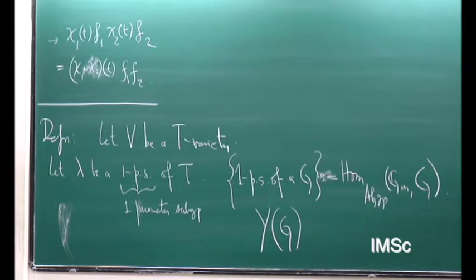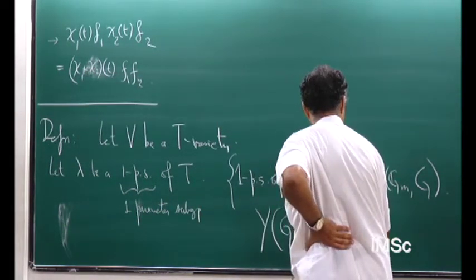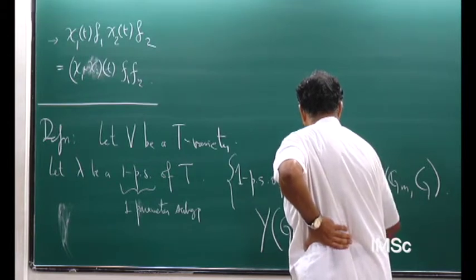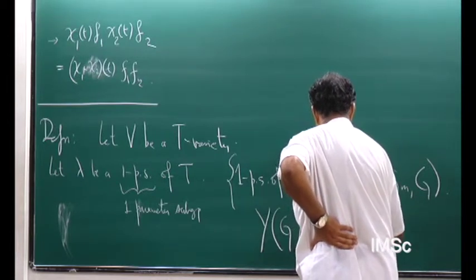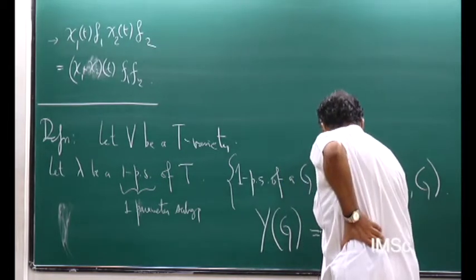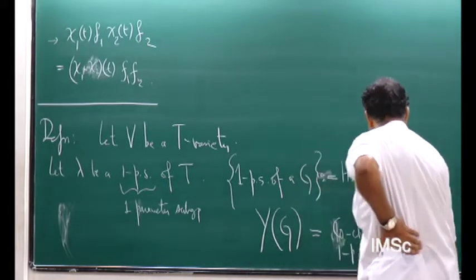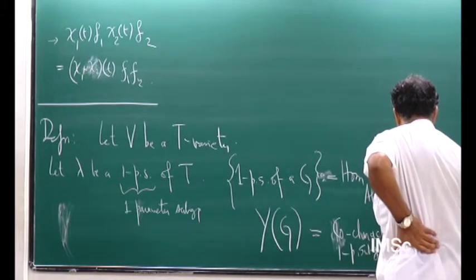What is X of G? It is the character group of G, yeah, indeed I can say character group of G. Y of G is the co-character group, which is the same as the one parameter subgroups of G.